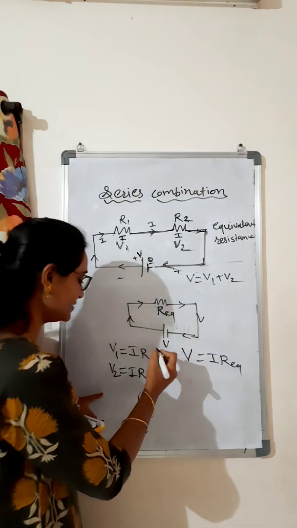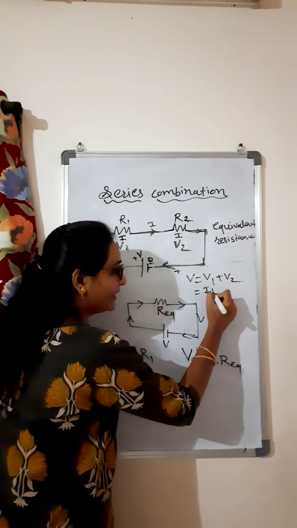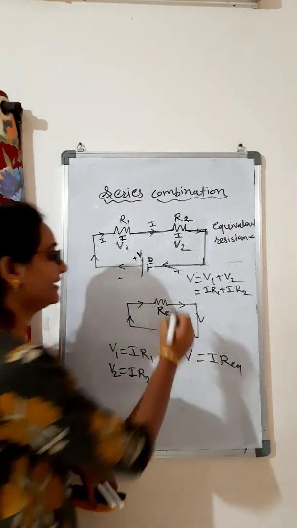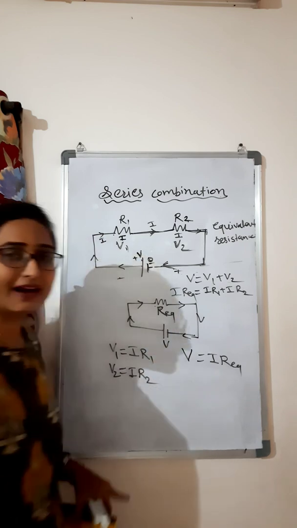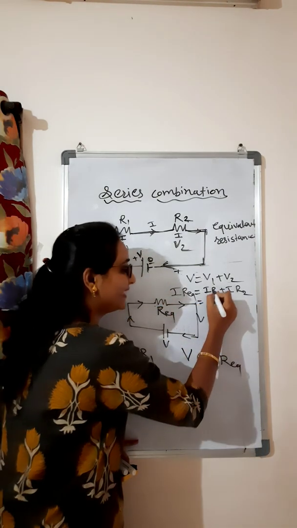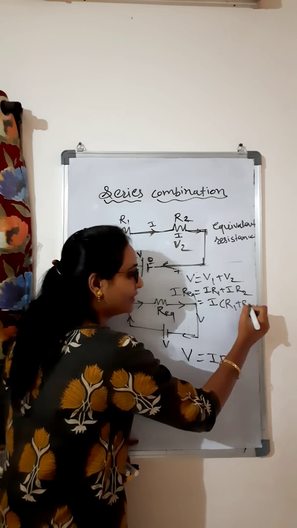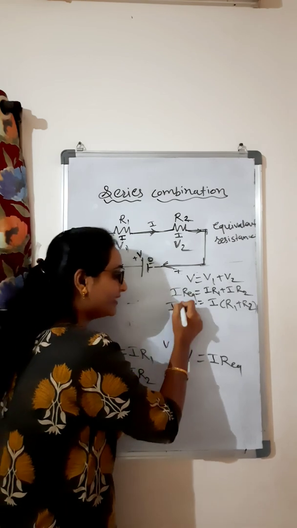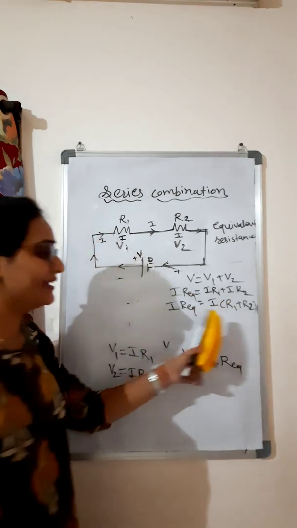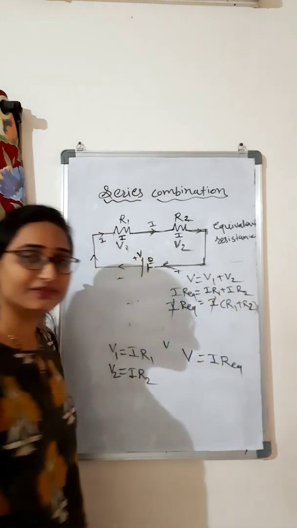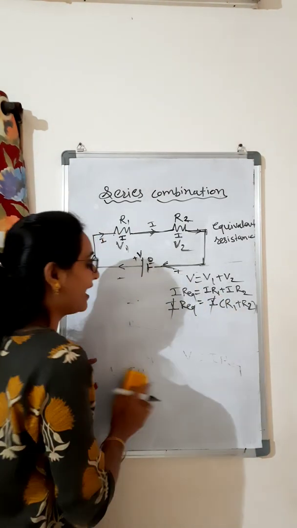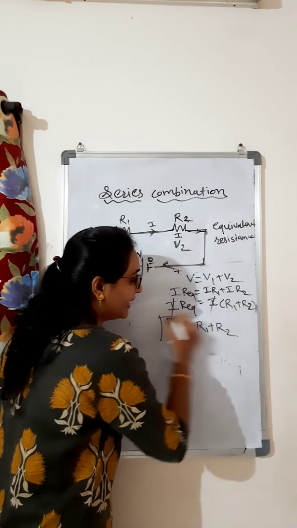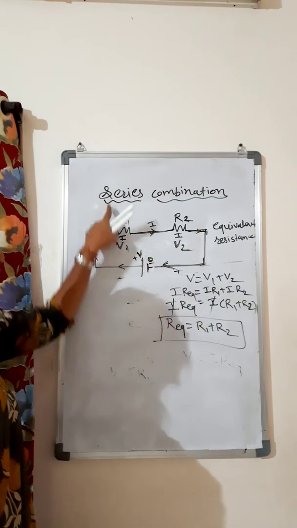So V equals IR1 plus IR2. Here V is I R equivalent. Taking I common, I into R1 plus R2. So I R equivalent equals I times R1 plus R2. Now this I and this I get cancelled. So R equivalent is equal to R1 plus R2, and this is the relation for series combination.